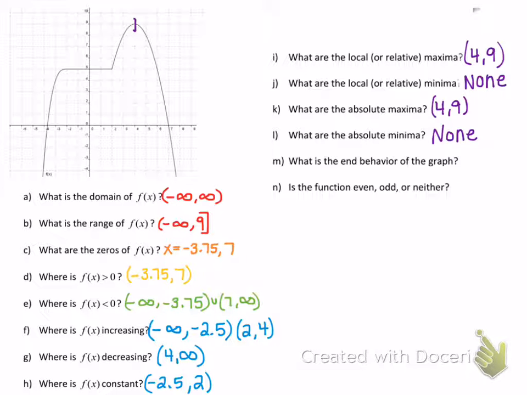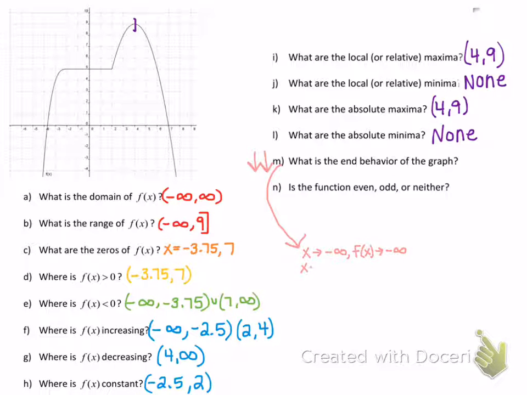Okay, so the end behavior of the graph. If I looked at this the old way from Algebra 2, I would say, okay, down, down. And again, if you need to do that to get a head start, that's fine. But you do need to be able to know the notation. So as x approaches negative infinity, as we go left, the function goes towards negative infinity, meaning it goes down.